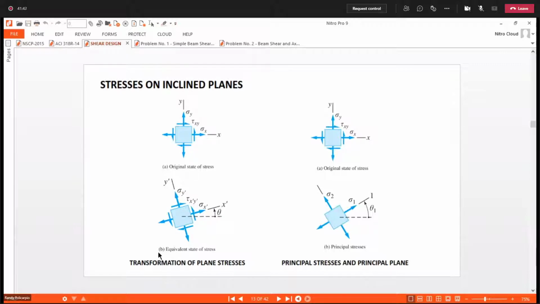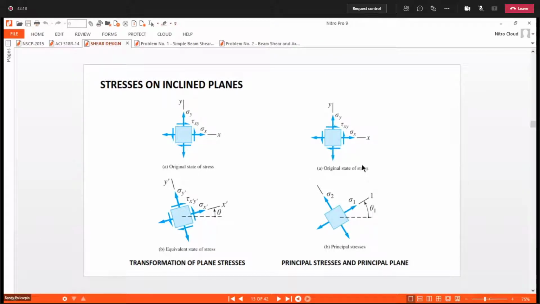Now for principal stresses and principal plane, this is their difference. For the original state of stress, we have this one. When it comes to principal stress, sigma 1 will be perpendicular to the surface, and sigma 2 will also be perpendicular.